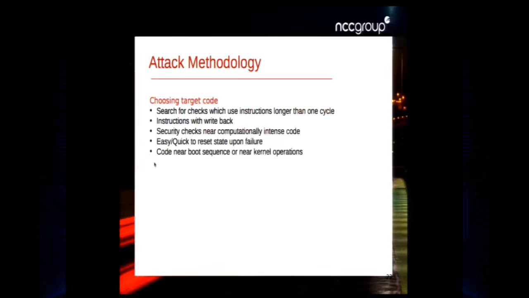You also want to target code that can be easily reached or reset when it fails. And it's much better to target code that's not on top of an operating system of any sort. If you can reduce the noise between any signals you're trying to read, that's much better.